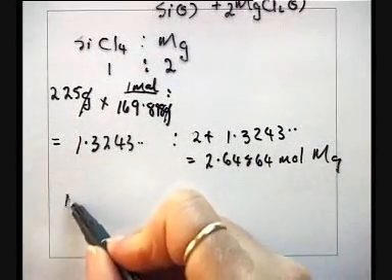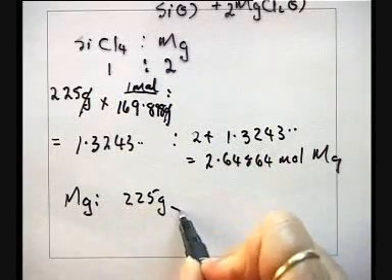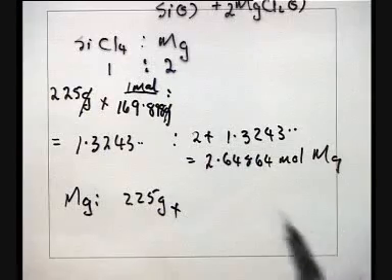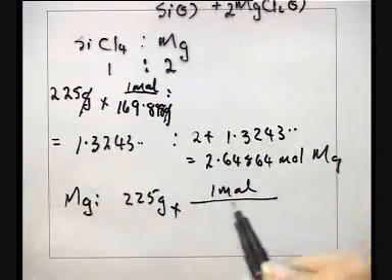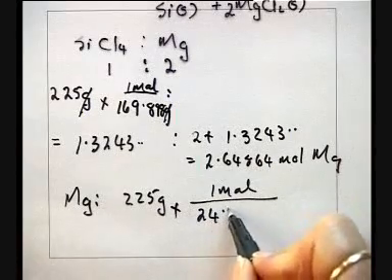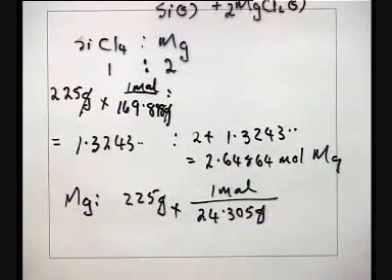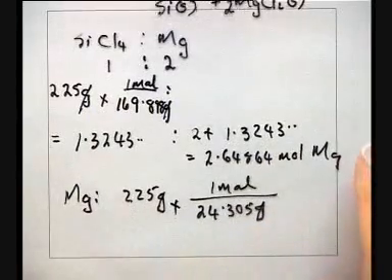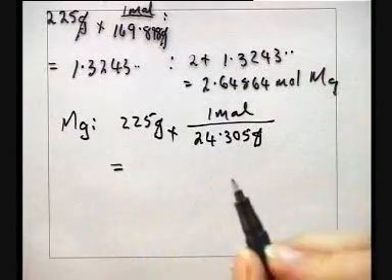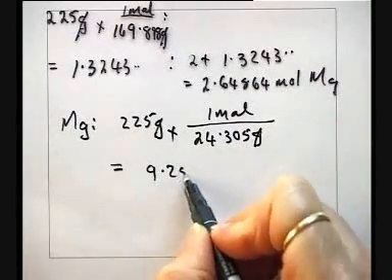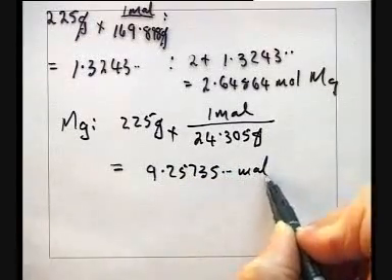You calculate magnesium. You've got 225 grams. You represent that as the number of moles using the molar mass. 1 mole magnesium will weigh 24.305 grams. Gram units cancel out. And you calculate this to be 9.25735 etc. moles.